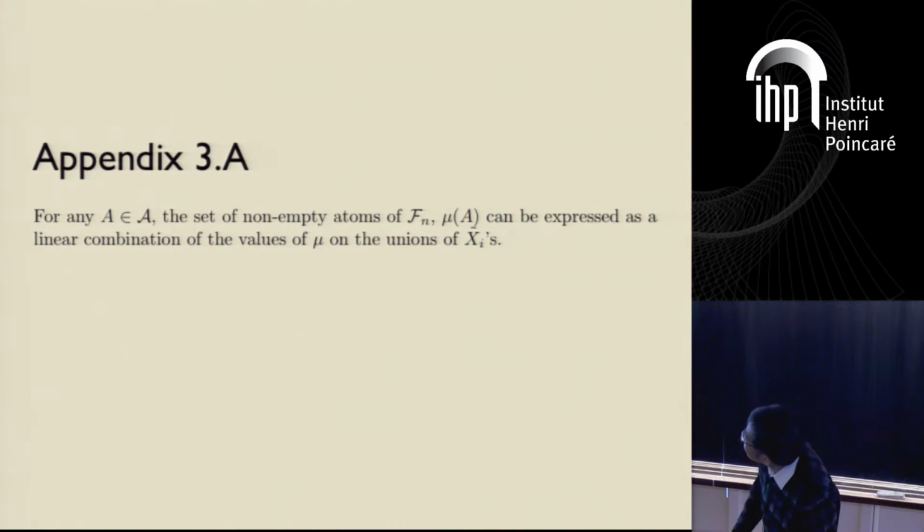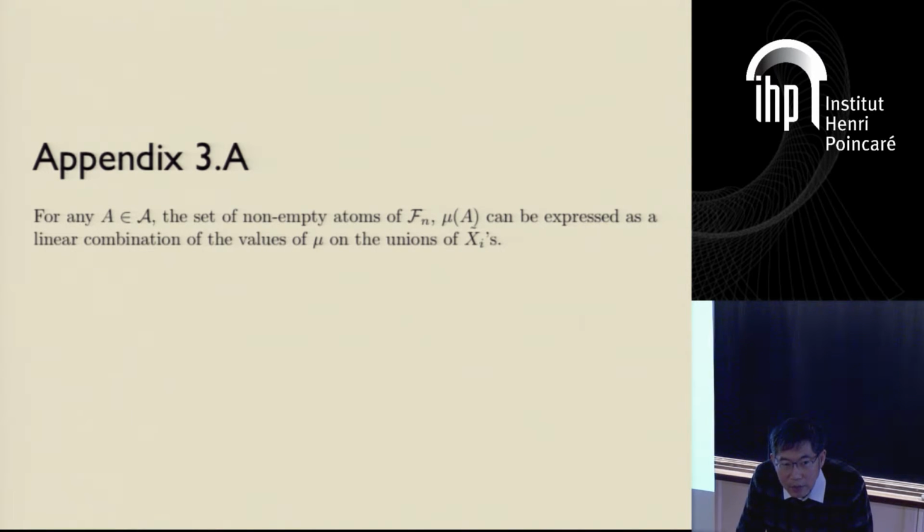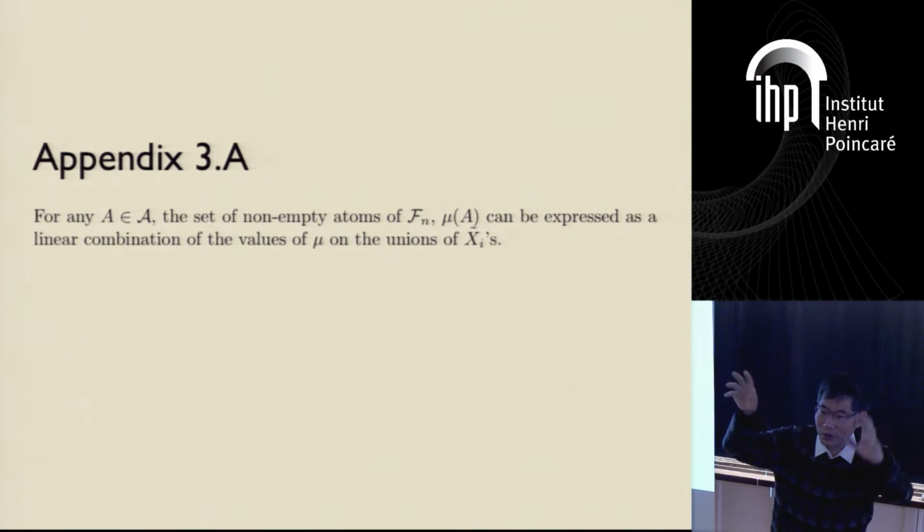We have to assume that the intersection of all the complements is empty. Yes, so you have to assume that to get this. Otherwise, you have one more thing hanging around which you cannot determine.